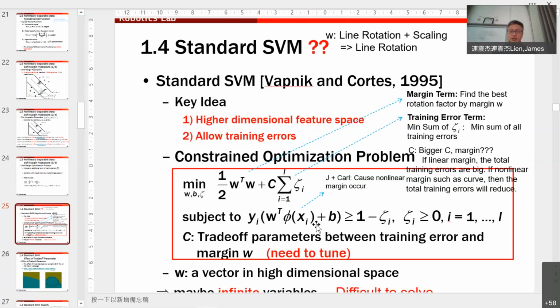In higher space, we have this kind of constraint, so we include the kernel function here. So this constraint will occur in higher dimension.